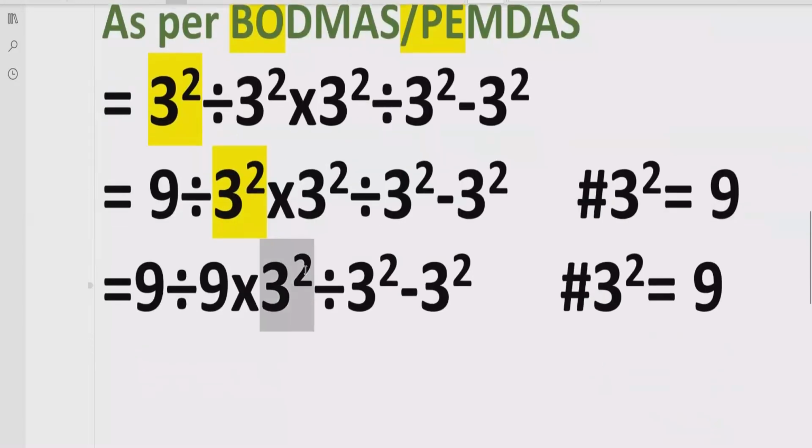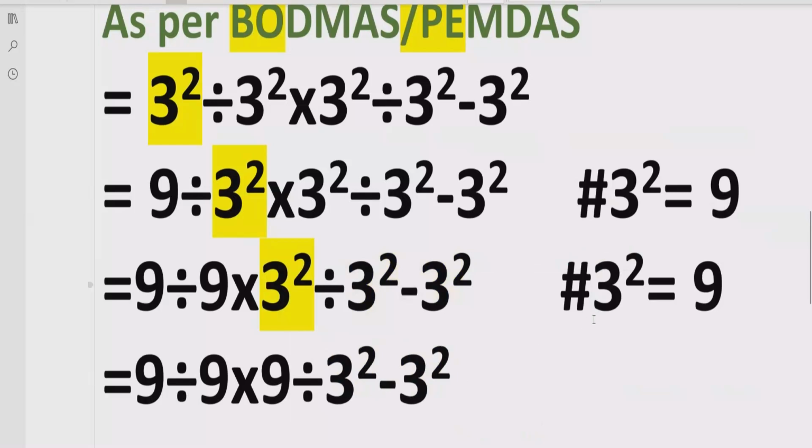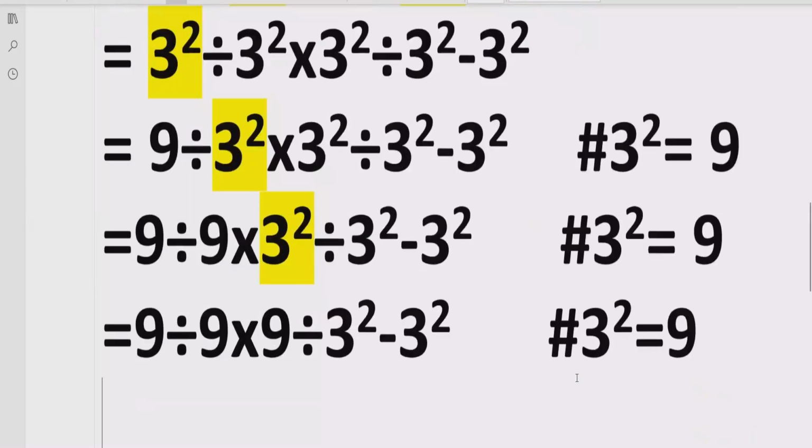Now we have a third part, which is also a power. So we solve this one: 9 divided by 9 multiplied by 3 raised to power 2, which is 9, divided by 3 raised to power 2, minus 3 raised to power 2, which we write as it is. Here we give the reference. This becomes 9.